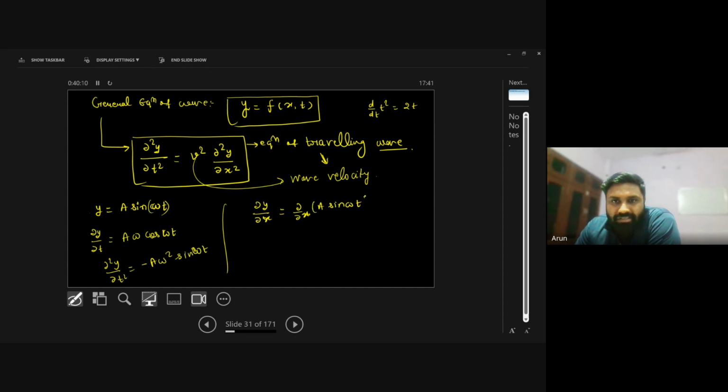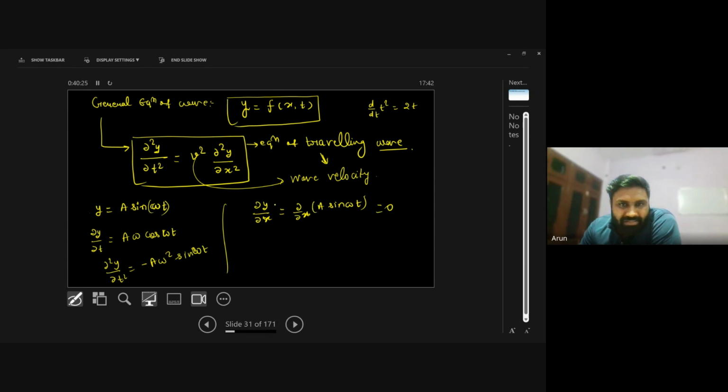Here in this expression there is no x term, only the time term is given. So time will be considered constant with respect to x, and the differentiation of this will become 0.